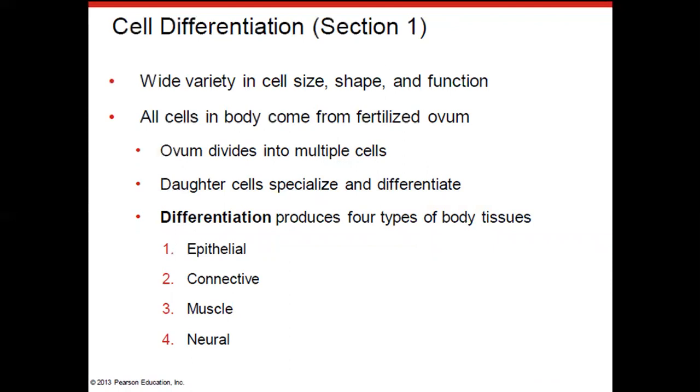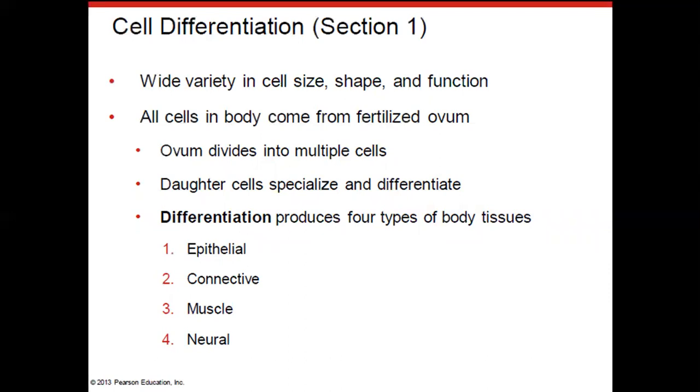Cell differentiation. The word differentiation just means a cell is able to change and become something that's either more or less functional than the cell it once was. So there's a lot of different types of cells. They vary in size, shape, and function in your body. Those cells, but you ultimately came from one.